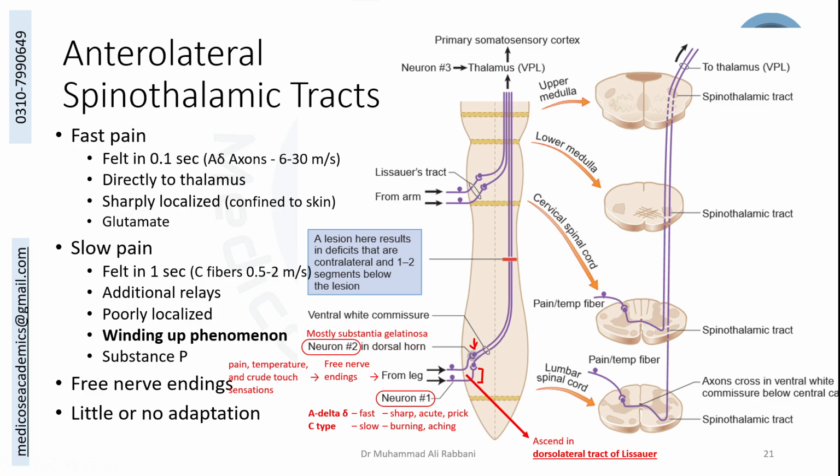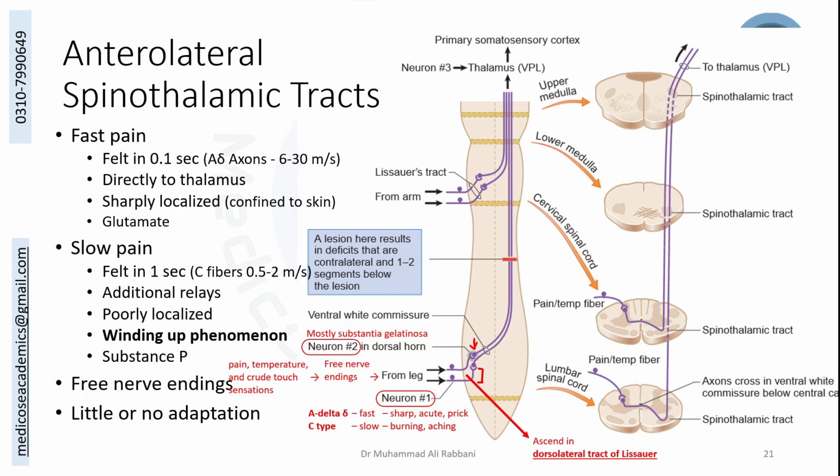However, keep in mind that it's not exclusive. Other cells of the spinal cord are also involved, acting as a second order neuron of this spinothalamic tract. So substantia gelatinosa, although most prominent, is not the exclusive second order neuron of this tract.